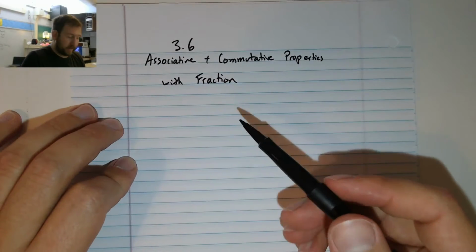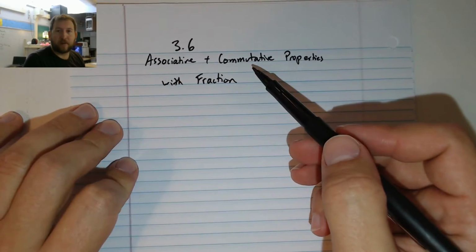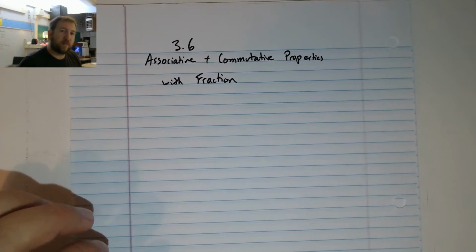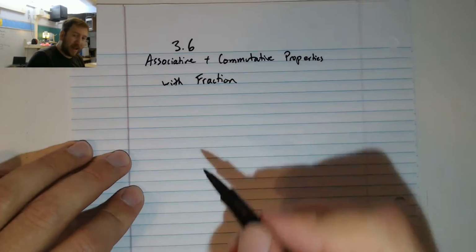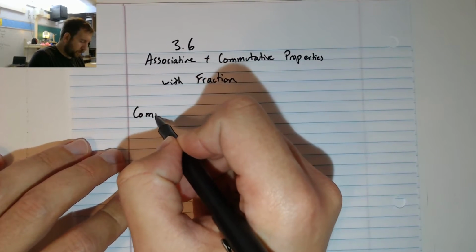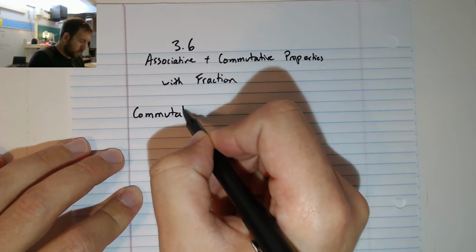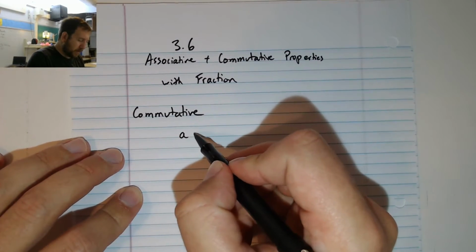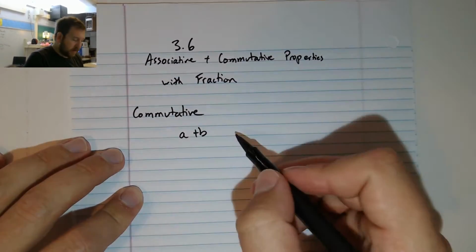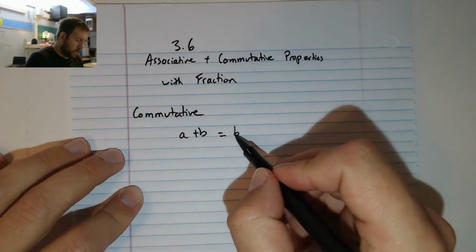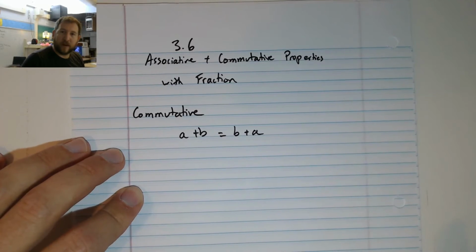Okay, so most of this should be easy for us to remember because we really did associative and commutative properties a long time ago. And if you recall, this is the commutative property, and it looks like this. I can take any two numbers, and as long as I'm adding them, I can change the order that I add them, and it won't affect the results.